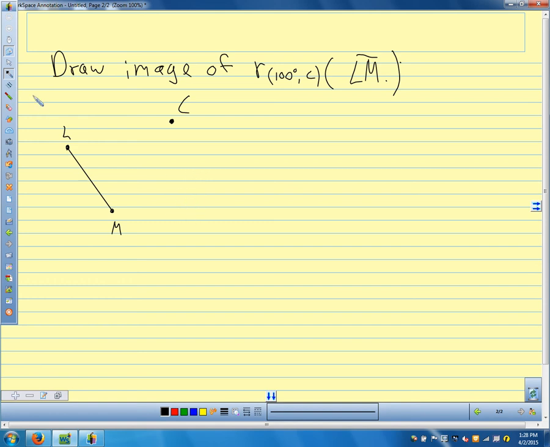So in order to do that, here's what I'm going to do to rotate this 100 degrees. I'm going to draw a line to point L from the center.